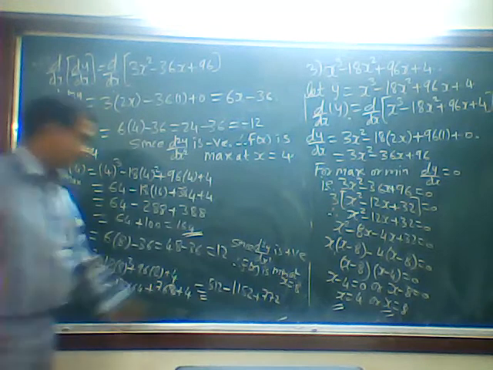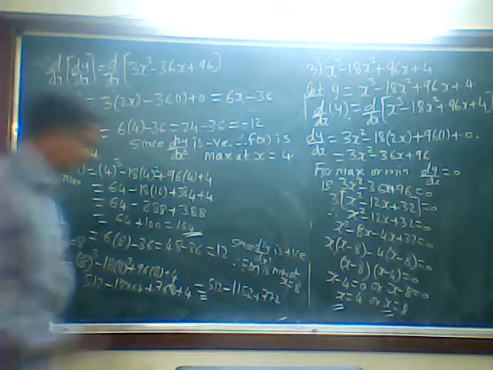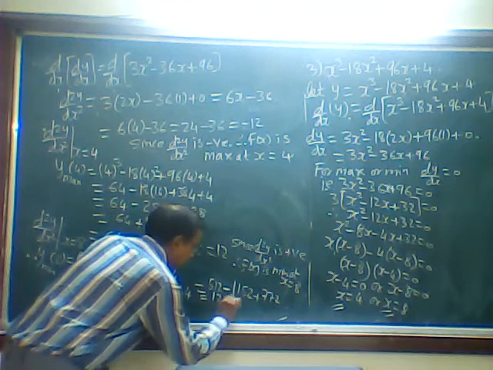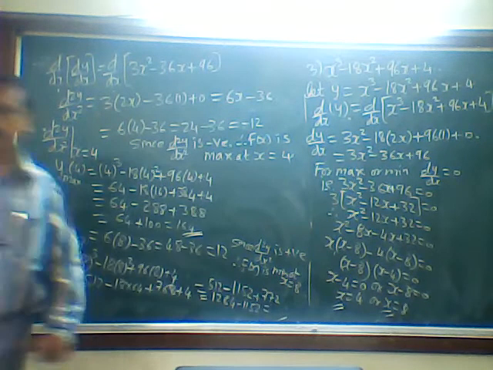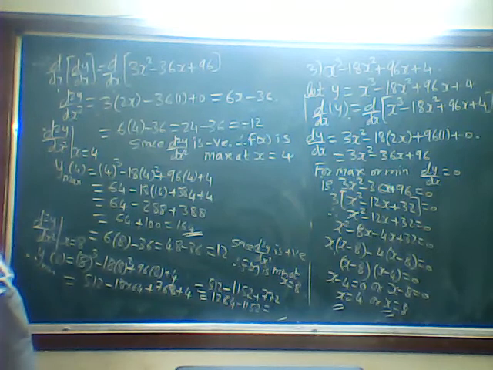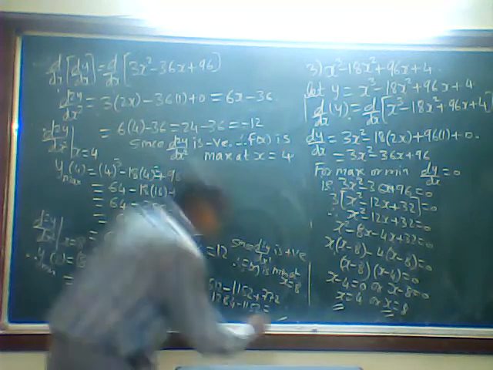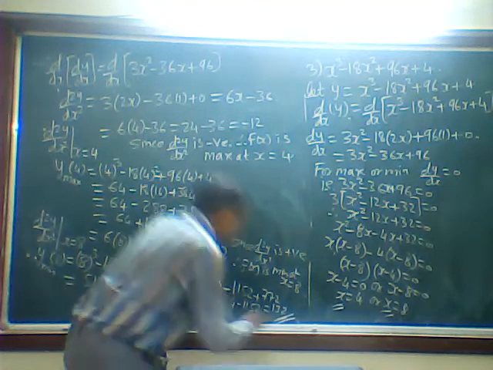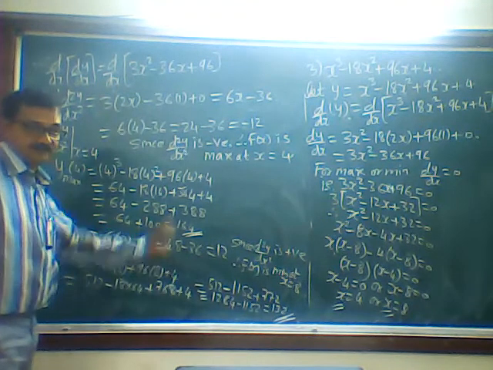So 772 plus 512 is 1284. 1284 minus 1152. It is 132. Here 132 is minimum, maximum is 164.